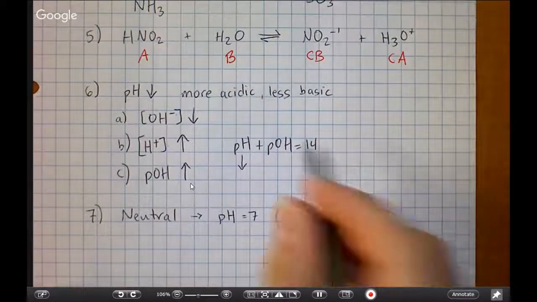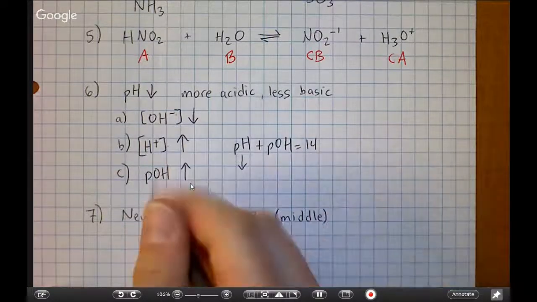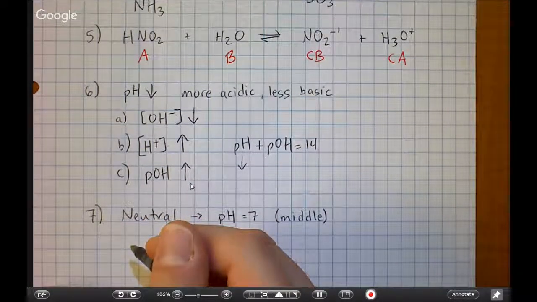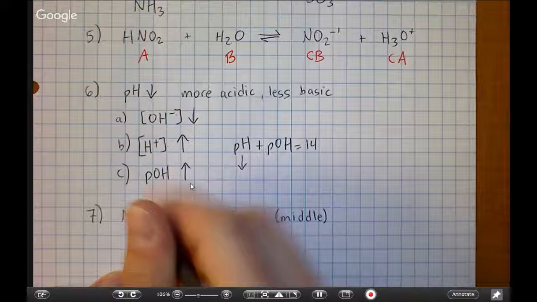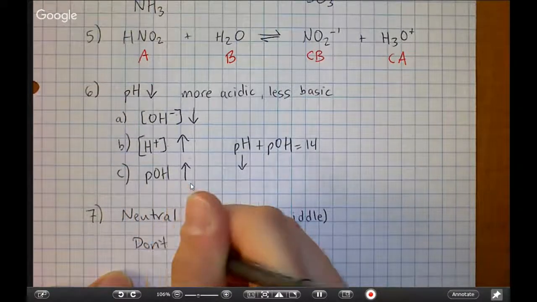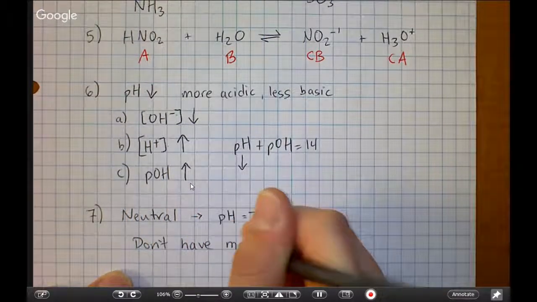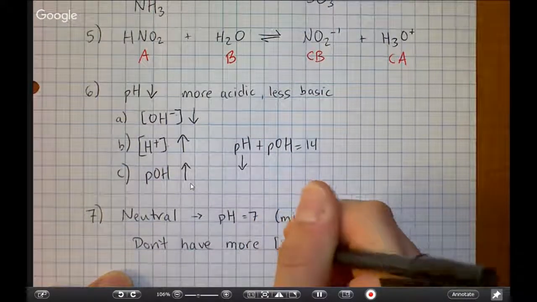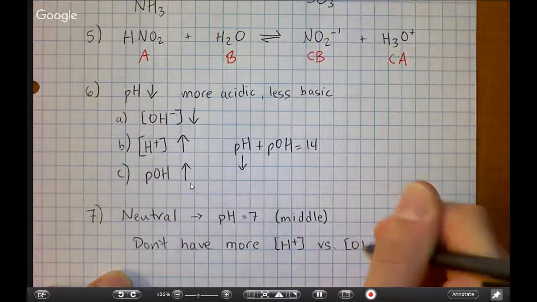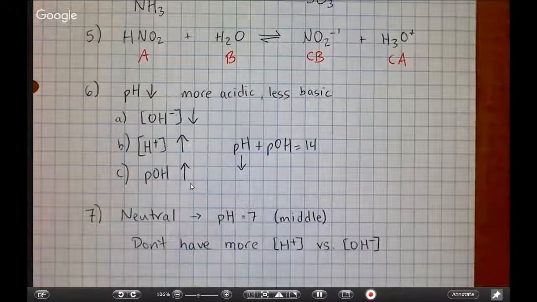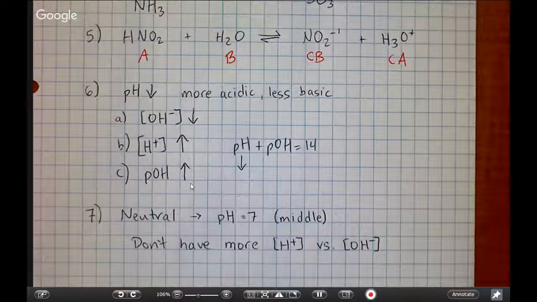You said that we don't have more amounts of acid, or more H plus versus hydroxide, right? So the H plus, our proton, is the acidic part, hydroxide is the basic part. So we don't have more amounts of one versus the other.